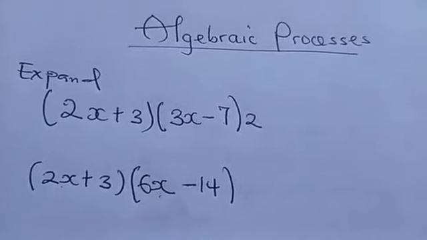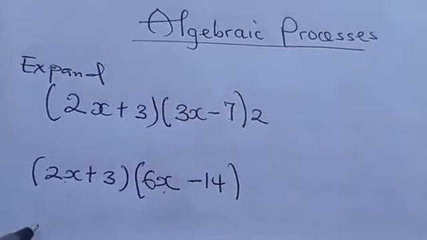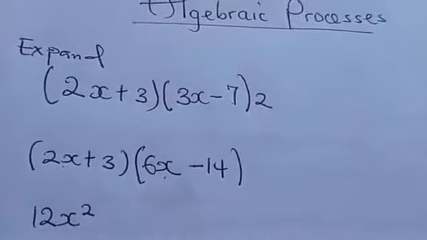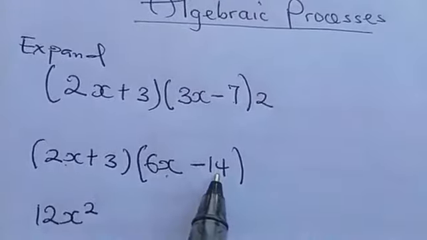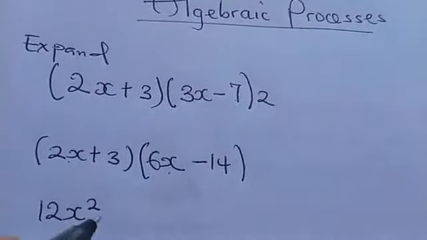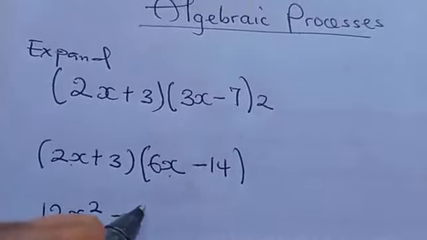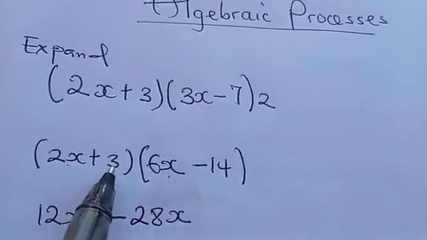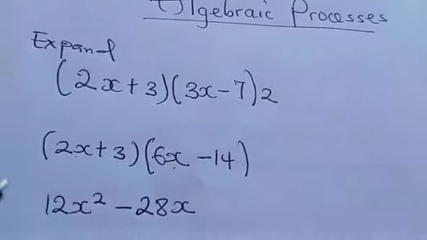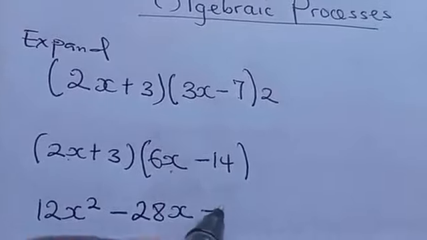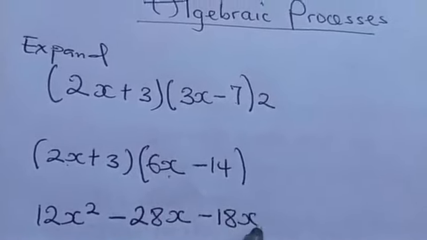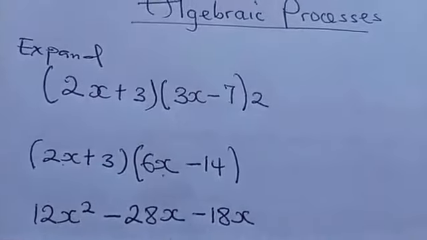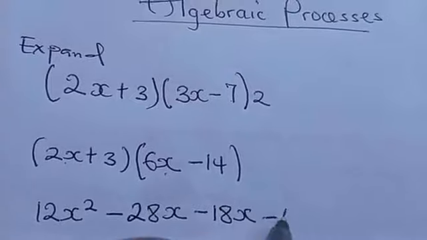2x times 6x will give us 12x squared. 2x multiplied by minus 14 will give us minus 28x. Plus 3 multiplying 6x will give us plus 18x. While 3 times minus 14 will give us minus 42.